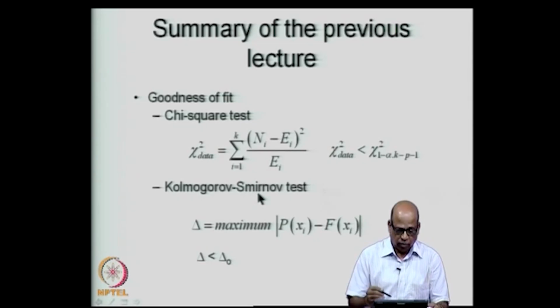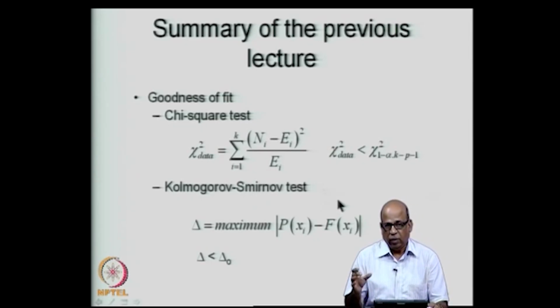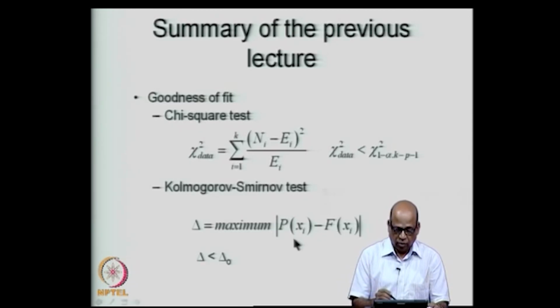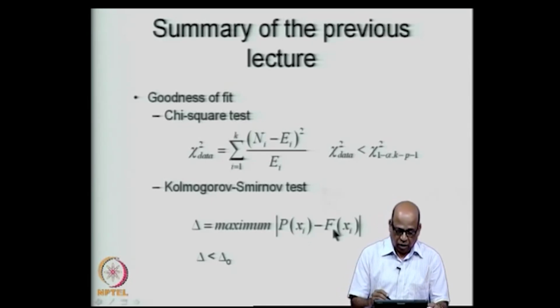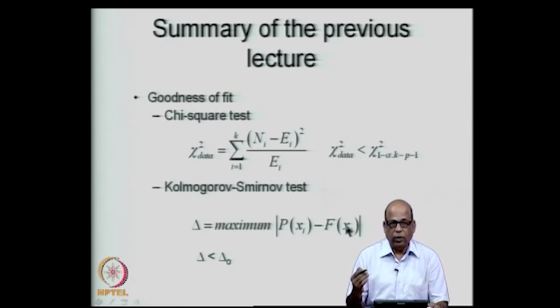Similarly, in the Kolmogorov-Smirnov test, rather than lumping the values into different classes, it considers the individual values as they have actually been observed and then calculates the probability associated with each of these observed values and compares it with the probability that would have arisen if it in fact fitted a particular distribution.